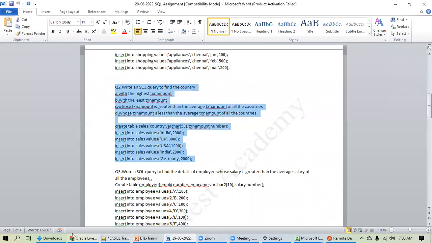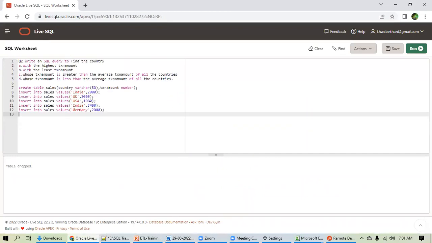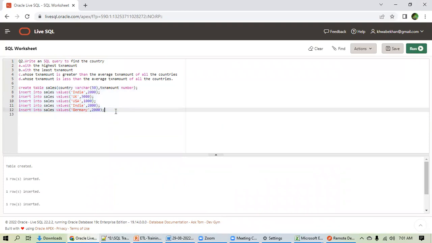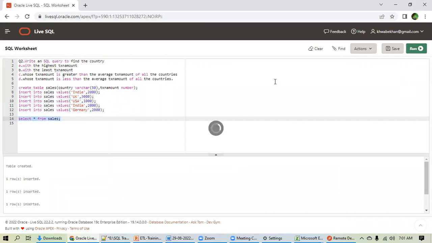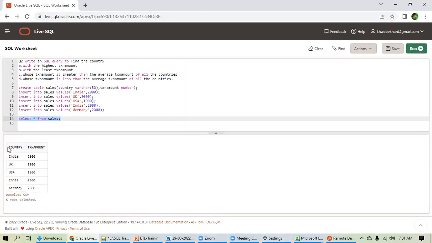This question, most of you have made a mistake. So I will explain each and every sub question of this. Here the question is, you have a sales table. Let's start from it.